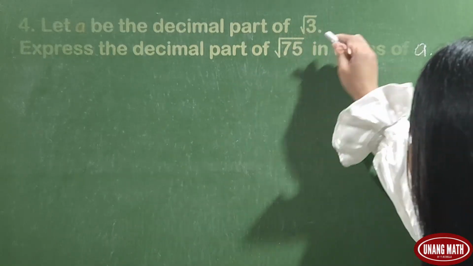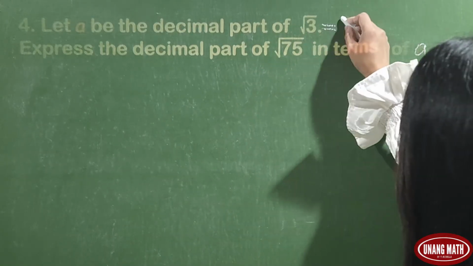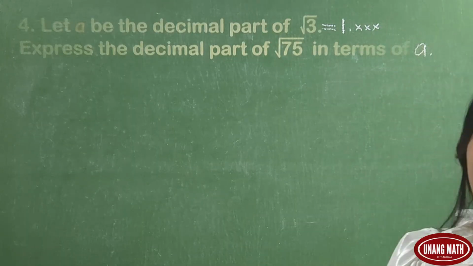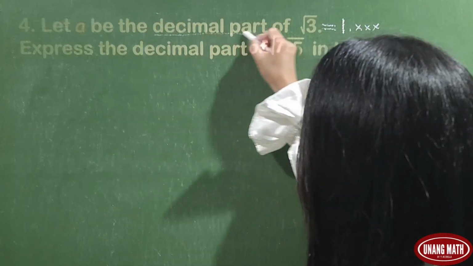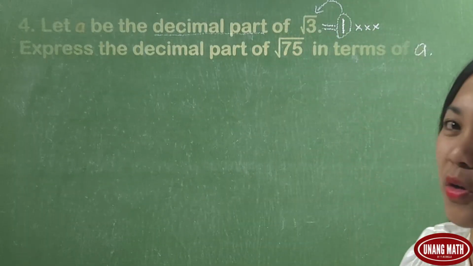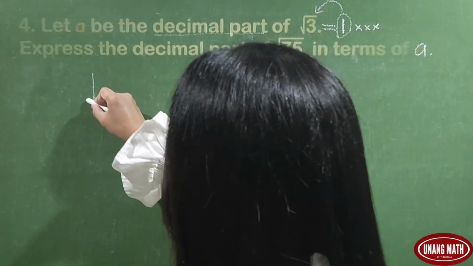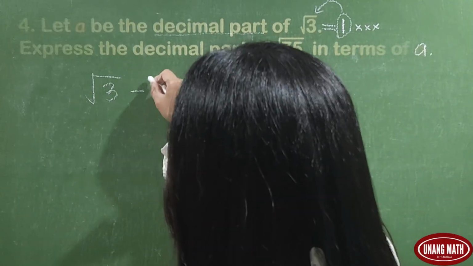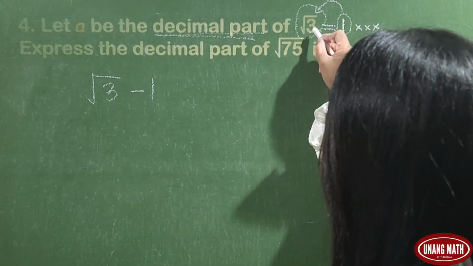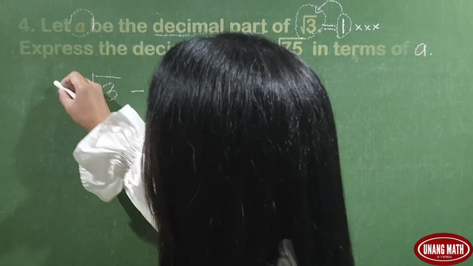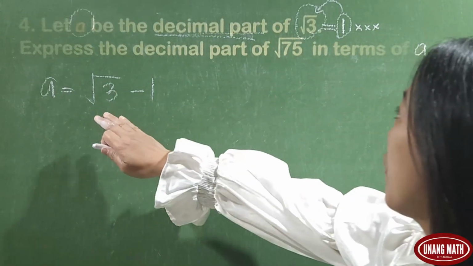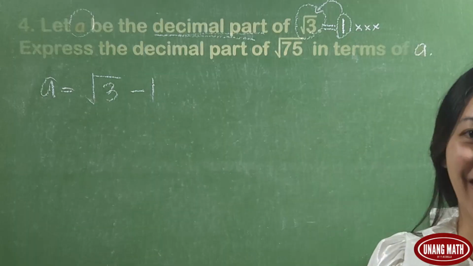If it's square root of 3, then this is equal to 1 point something. So to find the decimal part, subtract this integer part from square root of 3. So now we have square root of 3 minus 1. This is the decimal part of square root of 3, and this is our A. So A is equal to square root of 3 minus 1.